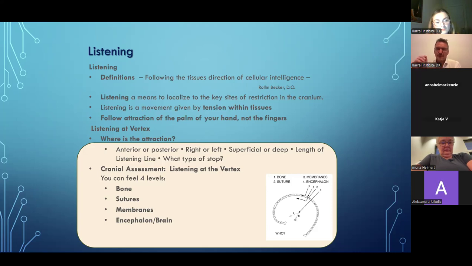First of all, is it an initially hard stop, right? So that's more of a bony feel. Or if it's slowly coming over and then becoming a little harder, that might be the suture. But finally, if it's a more slow, progressive stop, that's more membranous.